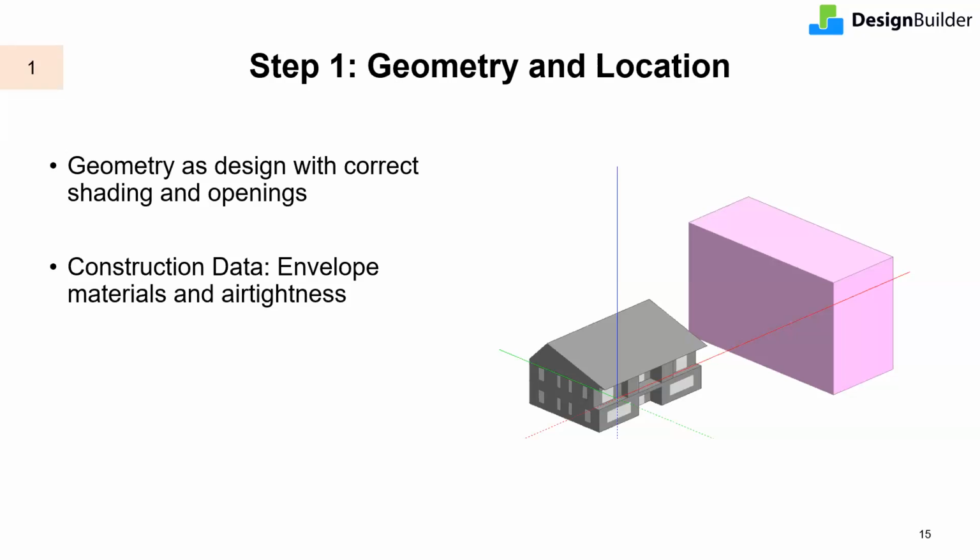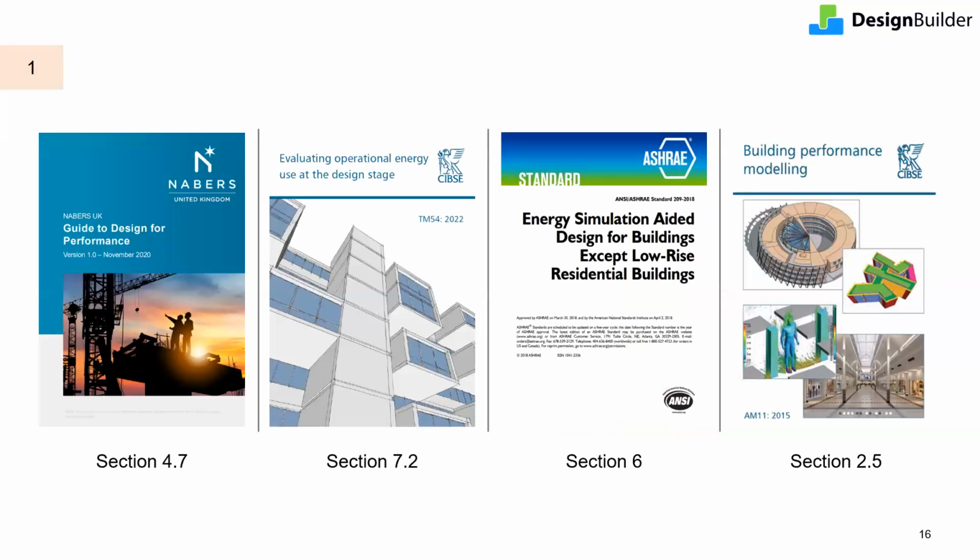Also ensure that you correctly configure all the zones and zone groups, etc. Further guidance on constructing a suitable model is available in these guides that I mentioned earlier, and they list key things to remember while you do your modeling.